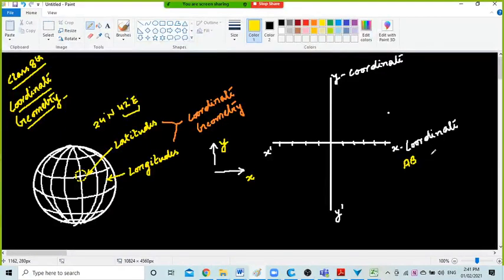Fine. And these y coordinates are also known as ordinate. Abscissa and ordinate. Okay.